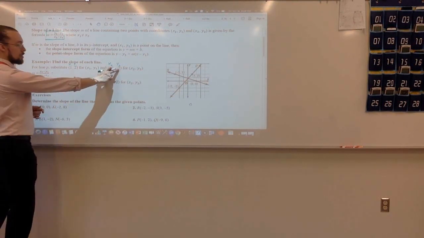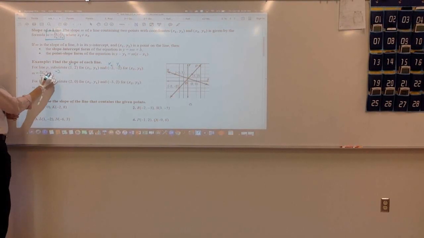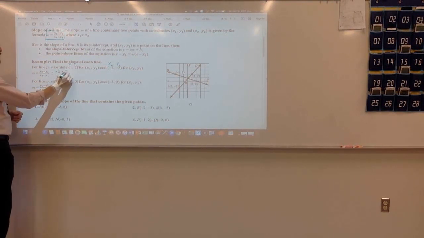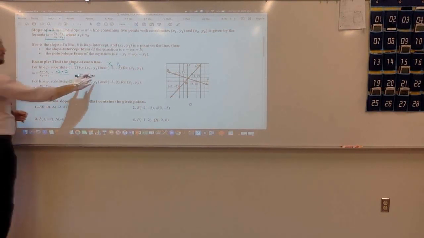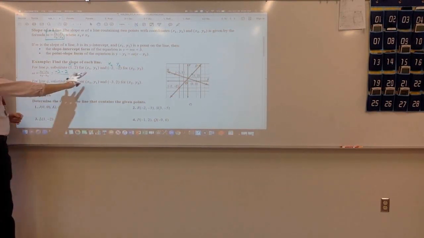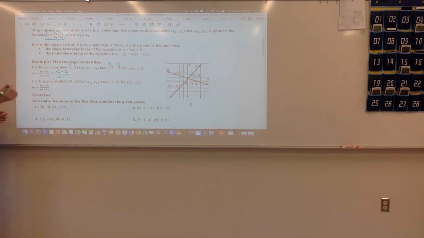So y2 is negative 2, y1 is positive 2. So I'll have negative 2 minus positive 2 over x2 minus x1. x2 is negative 2, and x1 is 1, so negative 2 minus 1.